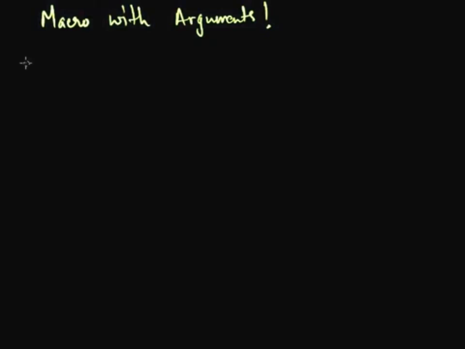Let me give you an example. Hash define square, and let's say it accepts the argument x, and this square x, this call to the macro, will be replaced by x into x.